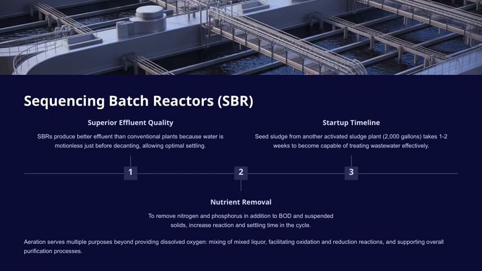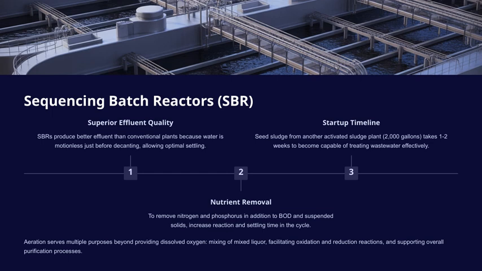Now let's talk about the startup timeline. When starting up an SBR system, we typically seed it with sludge from another activated sludge plant, around 2,000 gallons, and it usually takes about 1 to 2 weeks for the system to become fully capable of effectively treating wastewater. And of course, aeration plays a crucial role here.